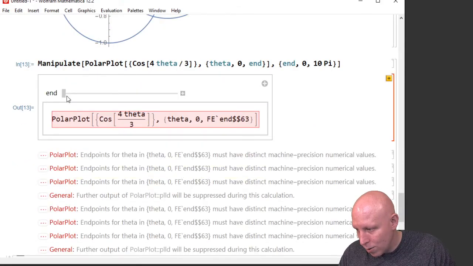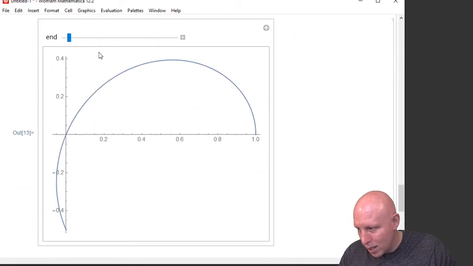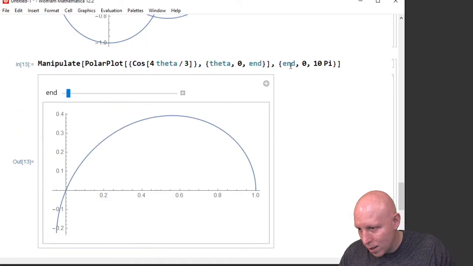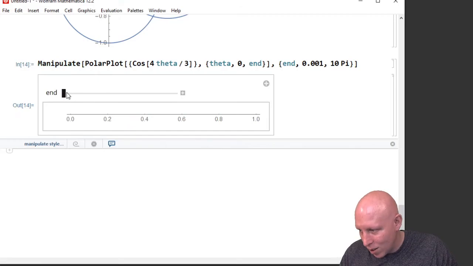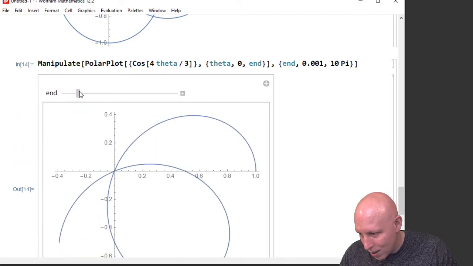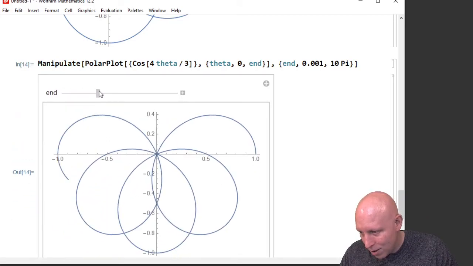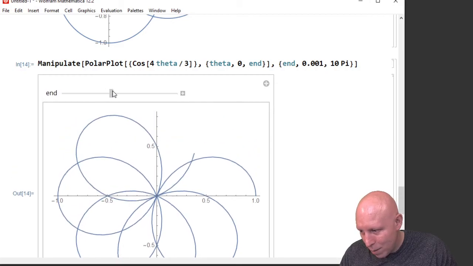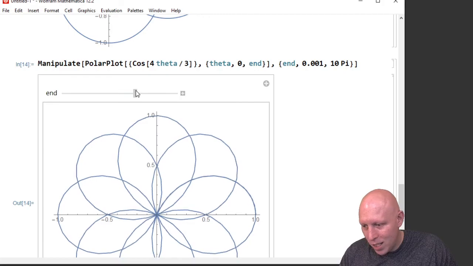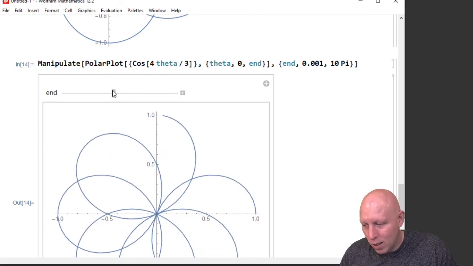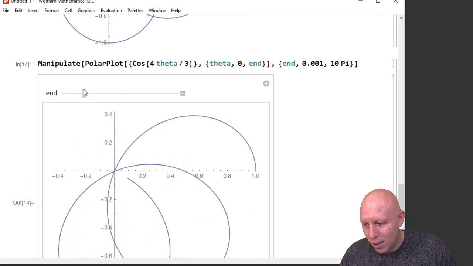I'm going to start with 0.001. So now as we expand our function and we see what happens as theta increases, we see that at some point our function comes back to where it started.